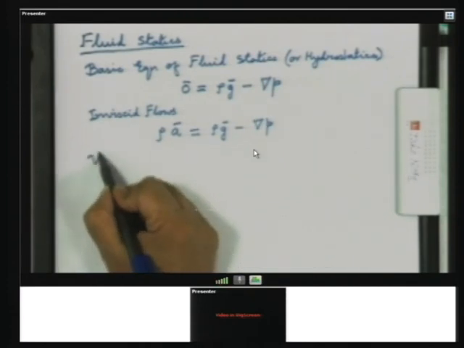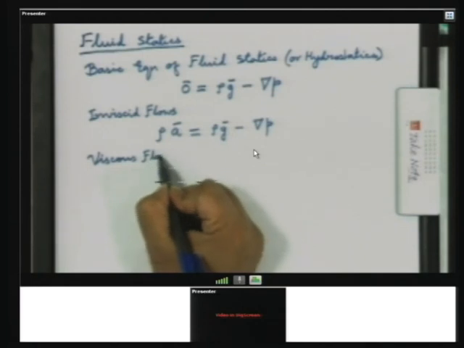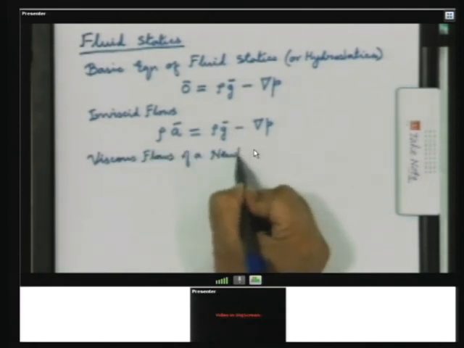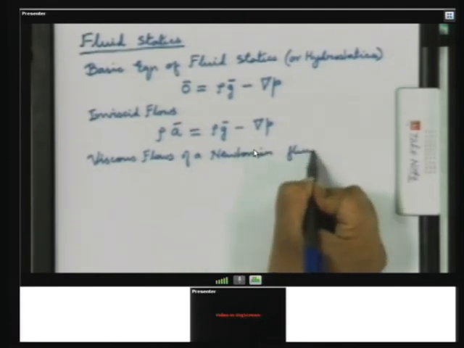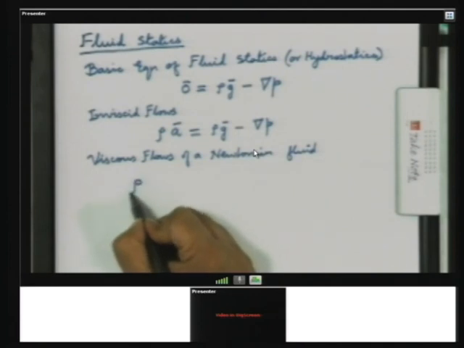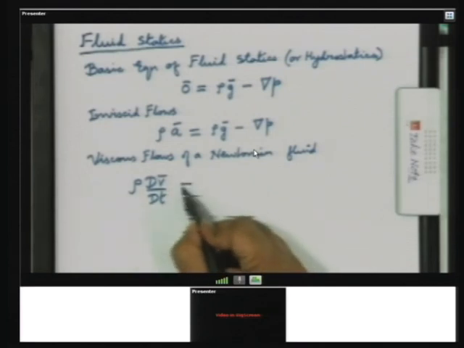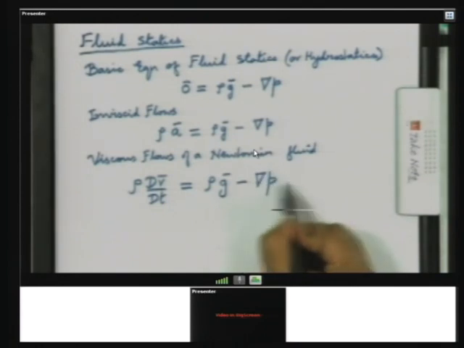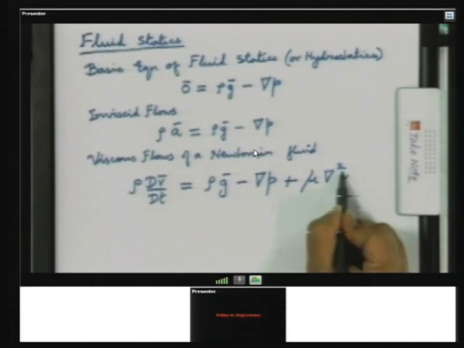Now, if you look at viscous flows of a Newtonian fluid, you have rho times the acceleration, which you can write as dv dt, equal to rho g minus grad p plus mu Laplacian of v.